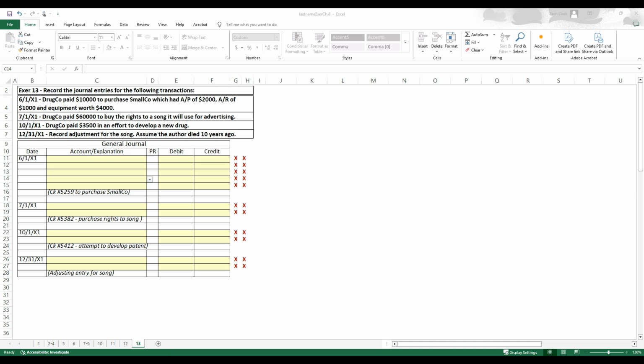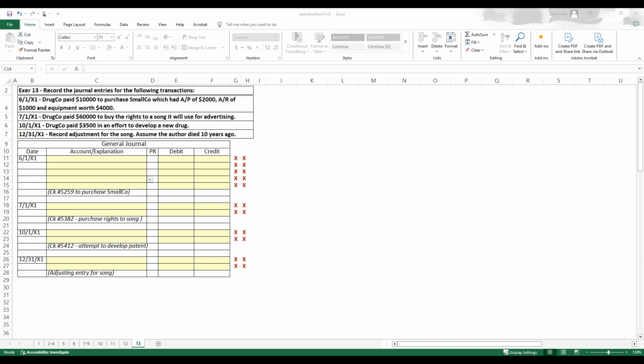And when we're looking at amortization of these intangible assets, as we call them, we're going to want to be doing straight line over the shorter of the useful life or the legal life. So it's a little bit of a different idea or logic than a depreciable asset, a physical asset, versus an intangible asset.